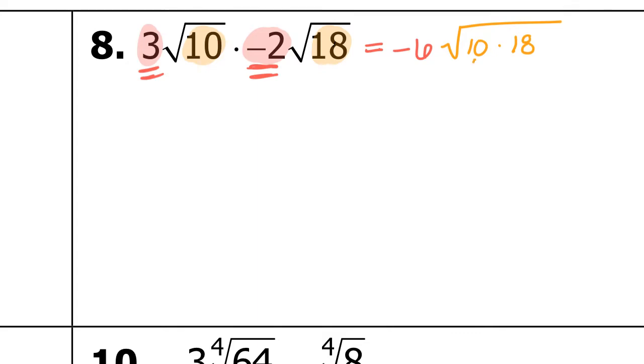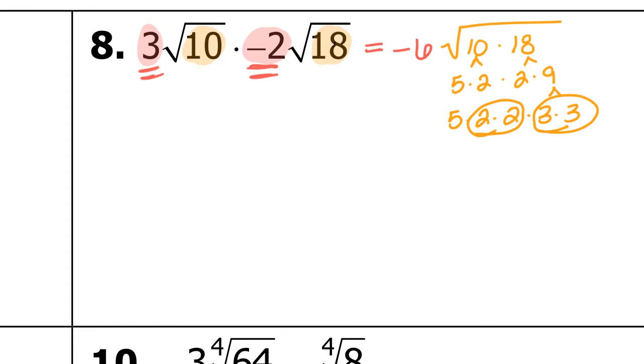So I'm going to start by breaking down my 10 into 5 times 2, and 18 can be broken down into 2 times 9. 9 can be broken down into the factors 3 and 3. And since my radical has an index of 2, I'm going to be looking for pairs of numbers. So I have a pair of 2's, and I also have a pair of 3's. So in order not to lose my original coefficient, I'm going to bring it straight down, and I'm going to multiply it to each set of twins.